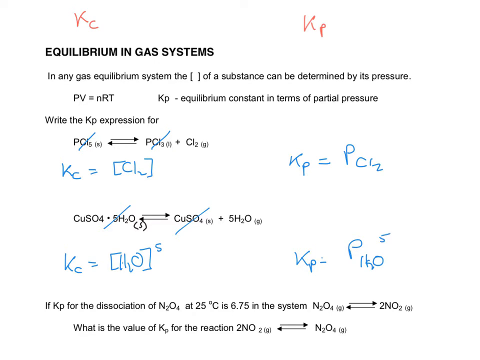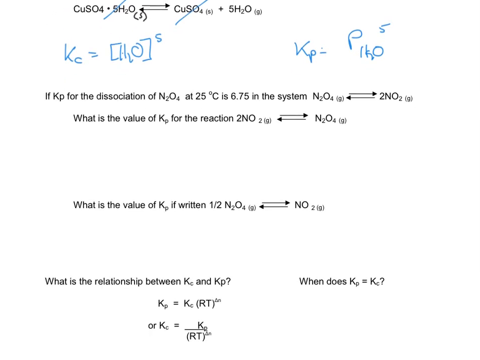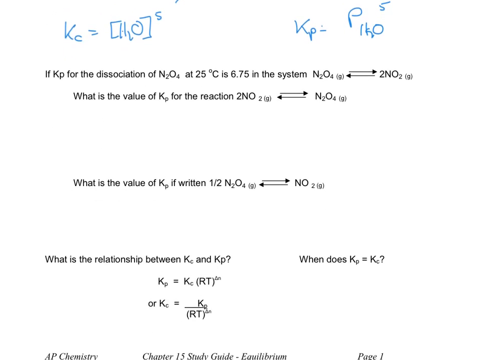All right, let's look at this here. It's telling us that Kp for the dissociation of N2O4, so N2O4 dissociates into two NO2s, at 25 Celsius, the equilibrium expression in terms of pressure is 6.75. We want to know what the Kp is for this reaction.